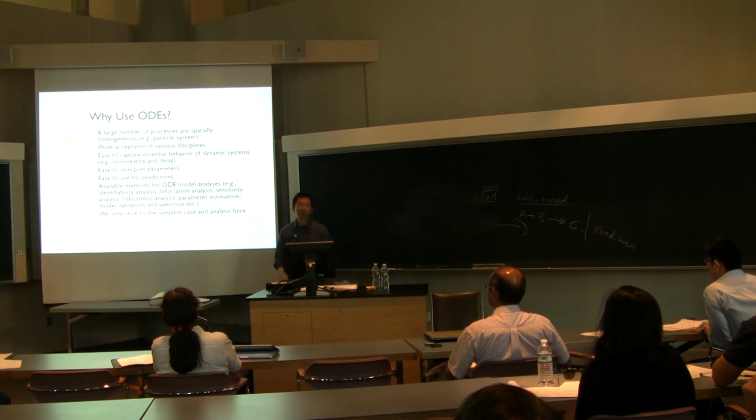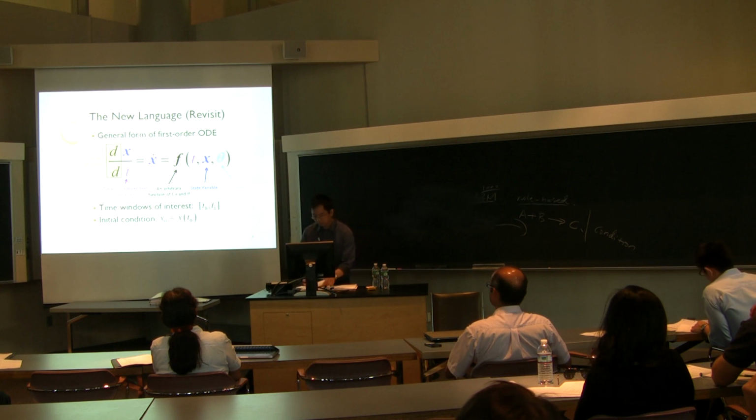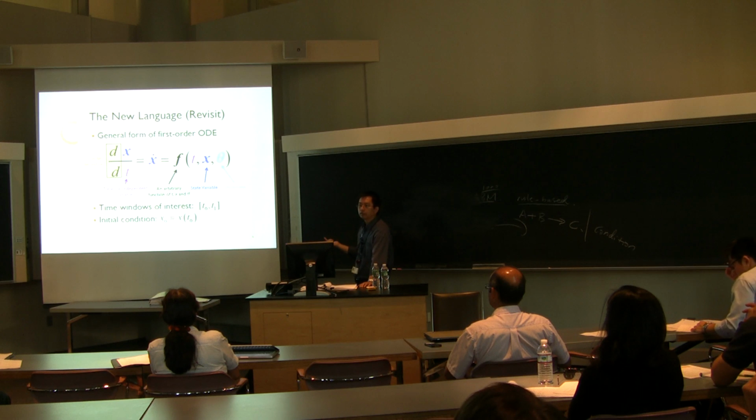But for today, we just talk about the necessary techniques, limited by time. Now I want to remind you again of the basic structure of ODE. We have independent variable, dependent variable, parameter, time window, and the initial condition. That's it.